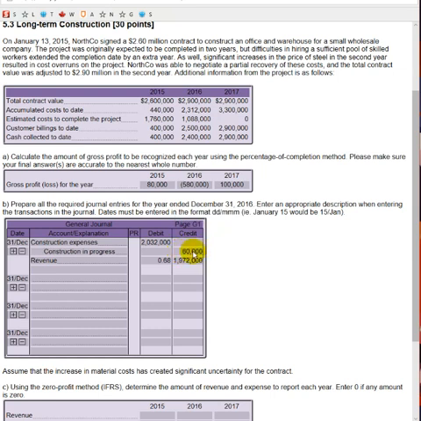Alright, that's not really what I wanted. What I wanted was my revenue number. I think that's my problem. Let's go here. Let me drag my revenue number here.